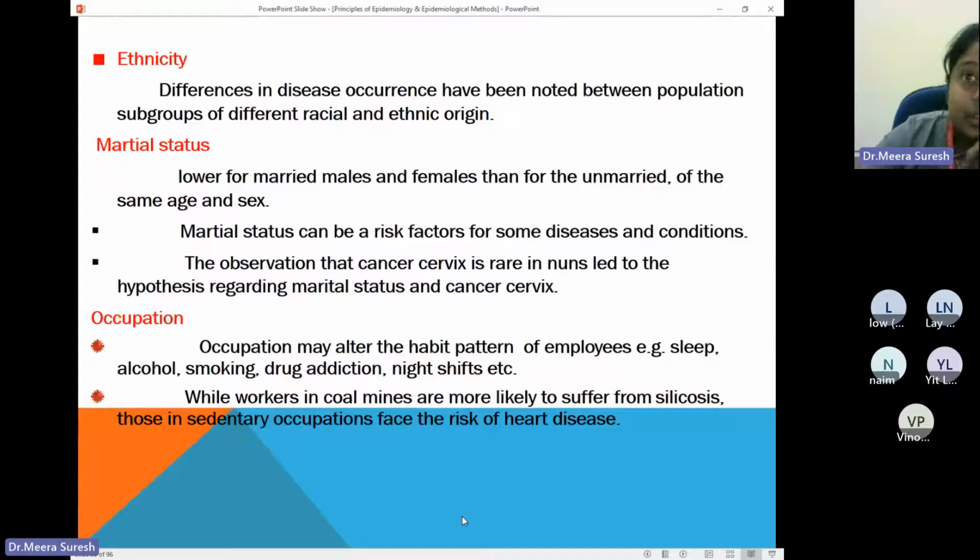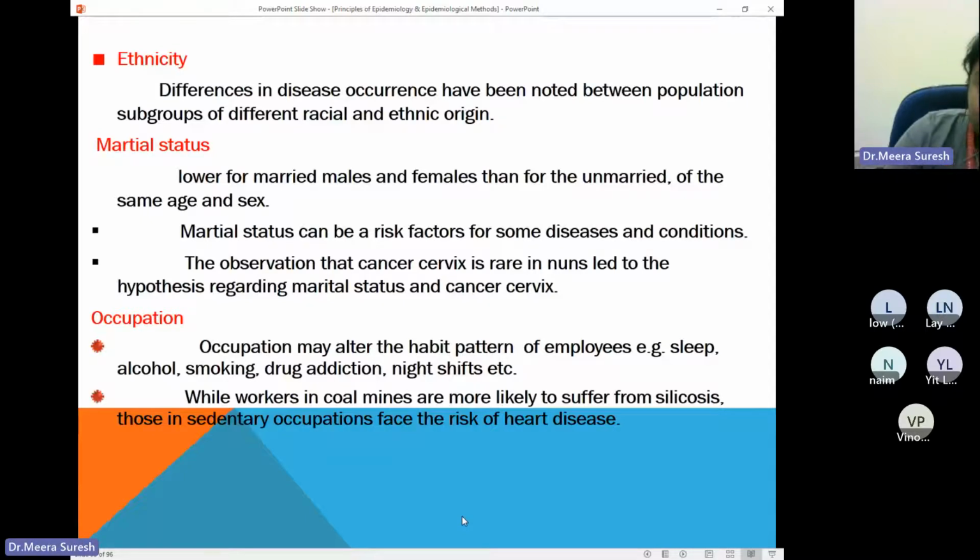One of the important reasons for the development of breast cancer is non-parity. Then even if a woman has given birth, if the mother had not breastfed the baby, these two factors can result in breast cancers.